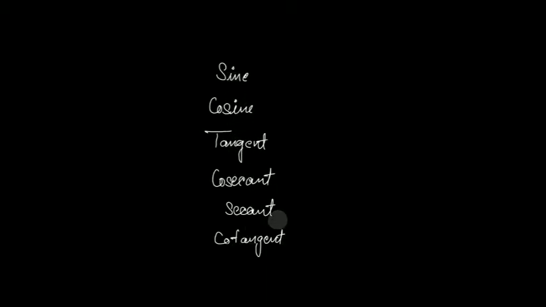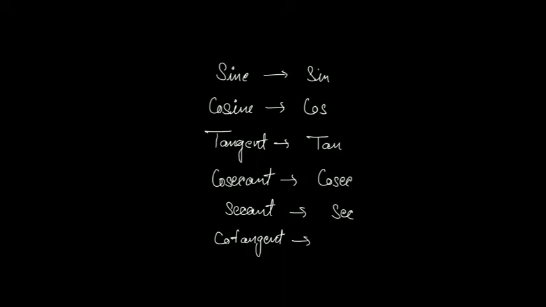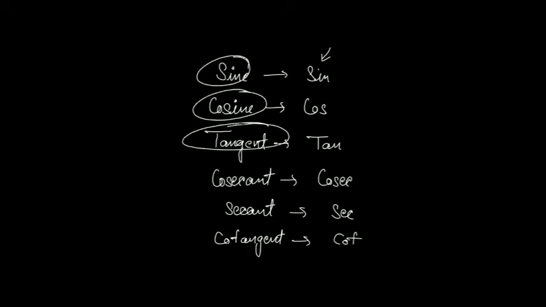Now, generally we write sine as sin, cosine as cos, tangent as tan, cosecant as cosec, secant as sec, and cotangent as cot. These are the real names, but generally we use the short forms.